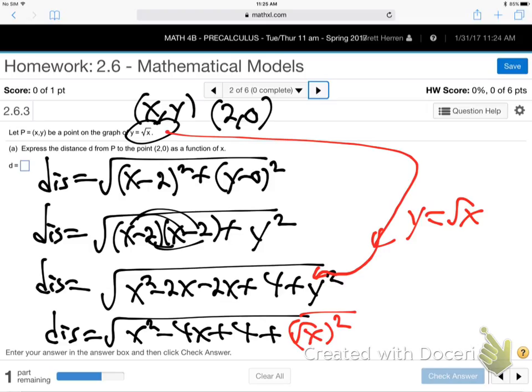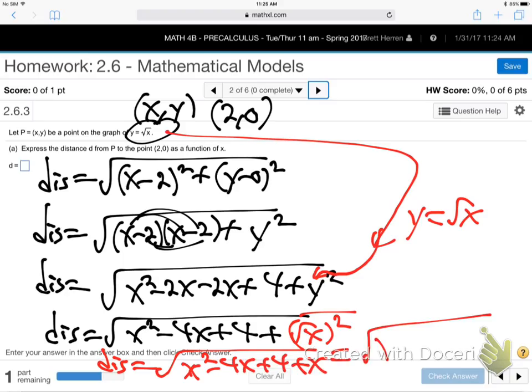So I'll let you clean that up. See if you can gather like terms. Get that cleaned up. All right, guys, what do we get here? x squared minus 4x plus 4 plus plain x, huh? x squared minus 4x plus x, it'd be what?